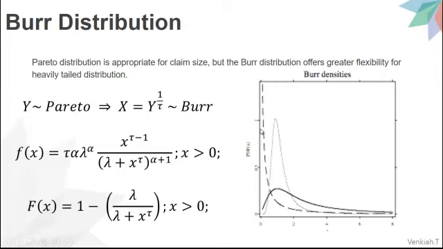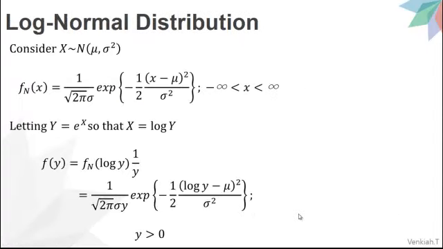Here you have alpha equal to 2, beta equal to 1, and tau equal to 0.5. So you see that it's similar to the Pareto distribution. When you have a value of tau less than 1, your graph is a little bit heavier than the exponential, for the Weibull distribution.